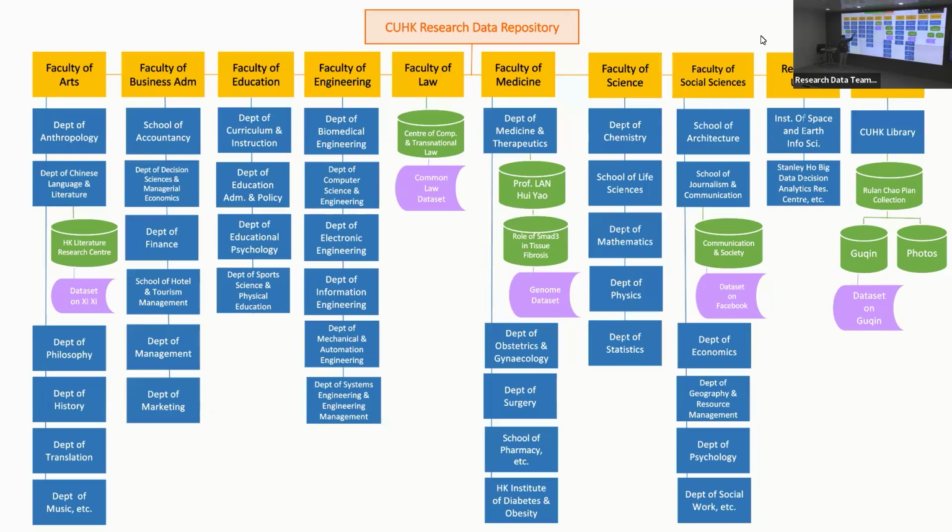Is this clear? And be aware that it is only research and teaching staff. If you are administrative staff, you have no rights to do so. For example, if you are a project coordinator, you have no such rights. But if you are research assistants, you have such rights. Okay, the difference is this.